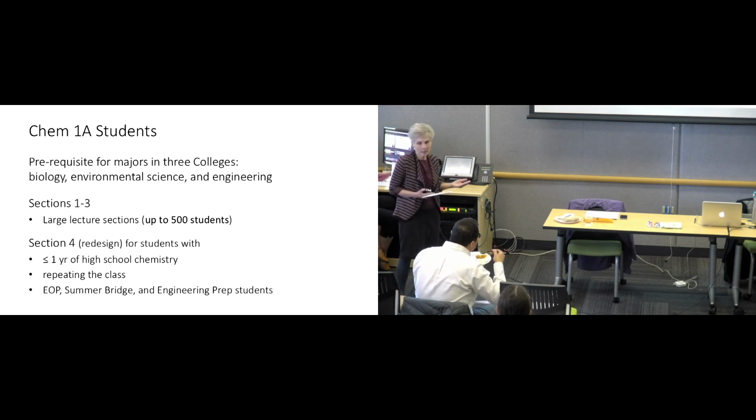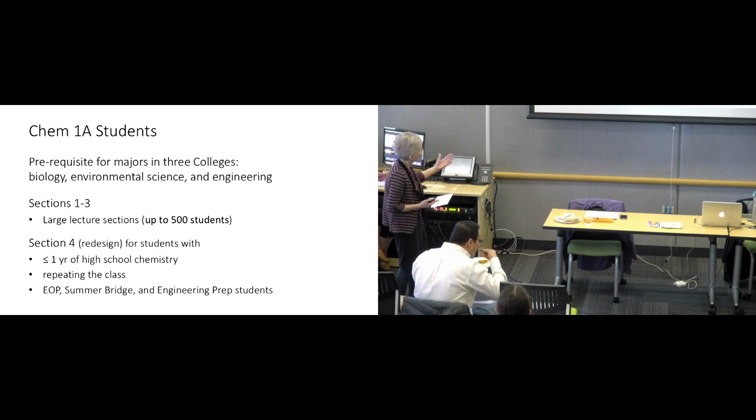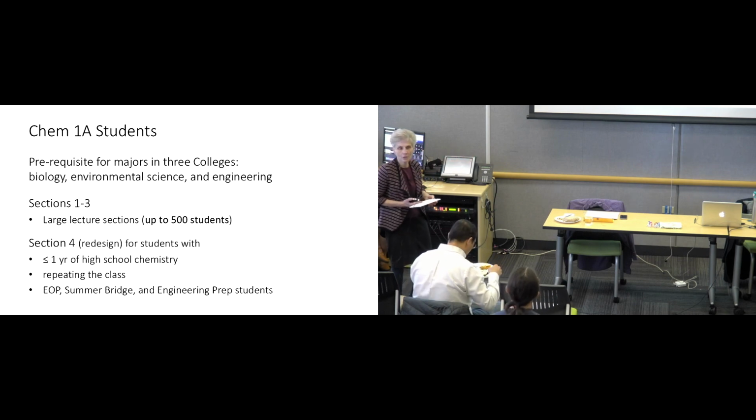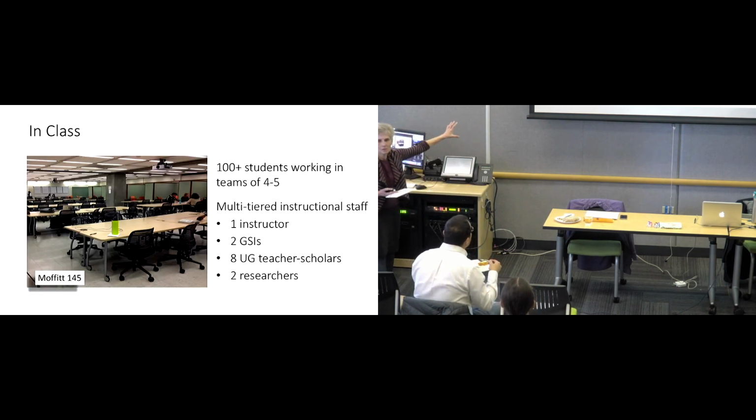We took anyone who was repeating the class, and we made lots of great connections with staff around campus who advised students, EOP, Summer Bridge, the engineering prep students, and really invited them in to this. The classroom is set up differently.